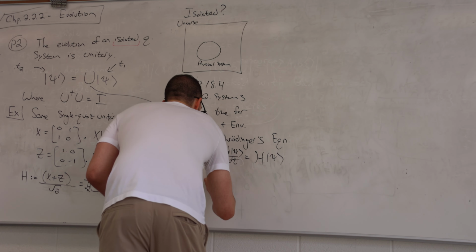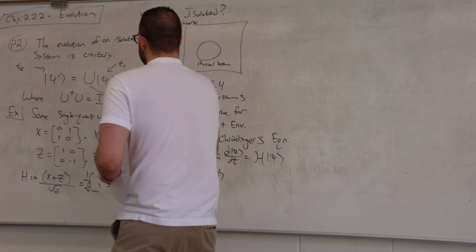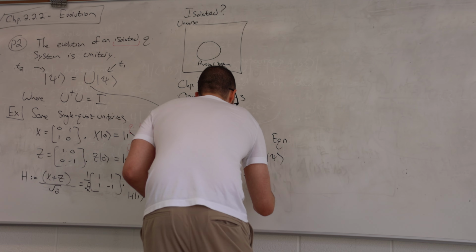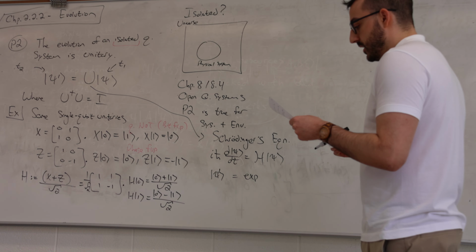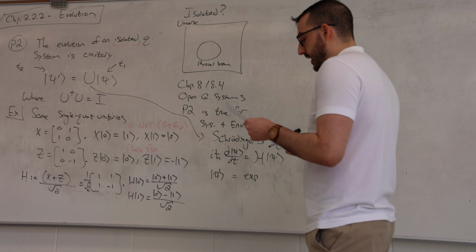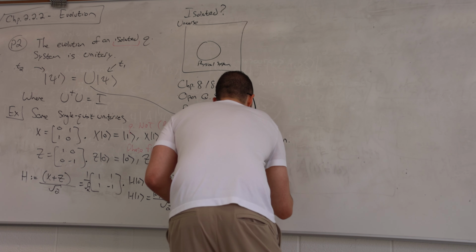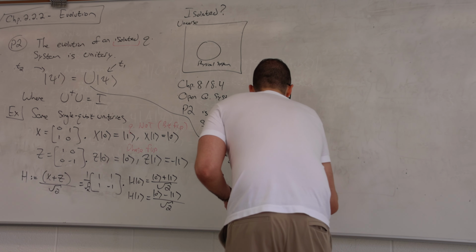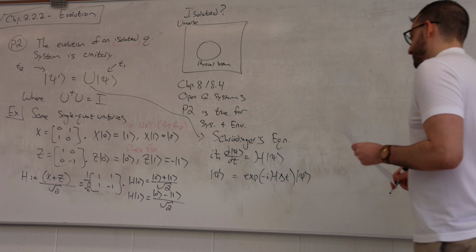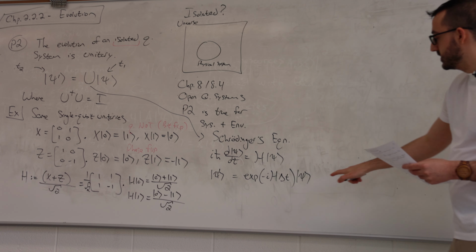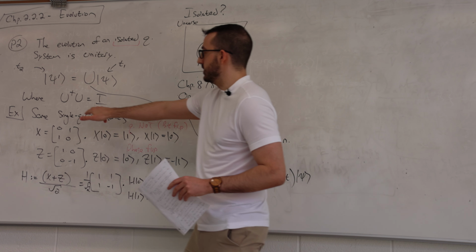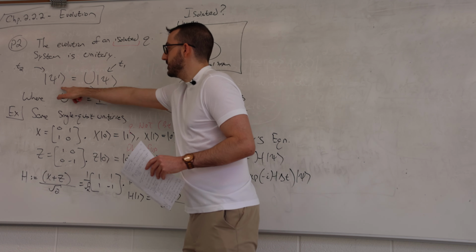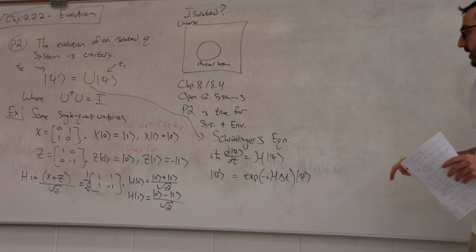This states that the state psi prime, so that's psi at time t2, will be equal to the matrix exponential of minus i times the Hamiltonian times the change in time delta t, applied to the original state psi. So this delta t here would be the difference in time, t2 minus t1, psi being the initial state, psi prime being the final state.